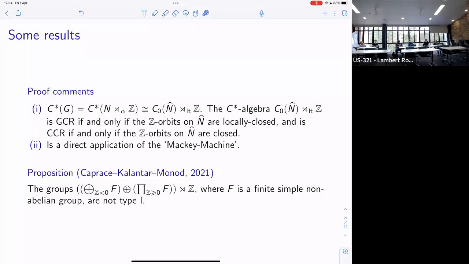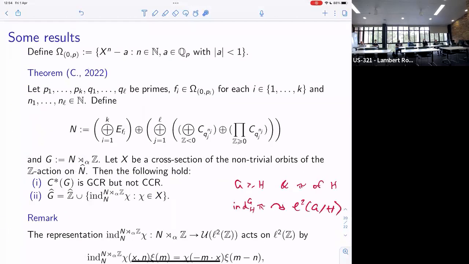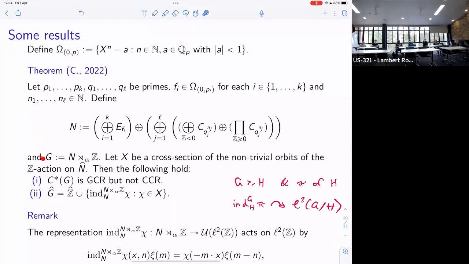To determine the irreducible unitary representations of these groups, I use what is called the Mackey machine, which is a general process that allows us, when given a group and a normal subgroup, by studying the irreducible unitary representations of the normal subgroup and the action of our group on them, to reconstruct all the irreducible unitary representations of the larger group from those of the normal subgroup.